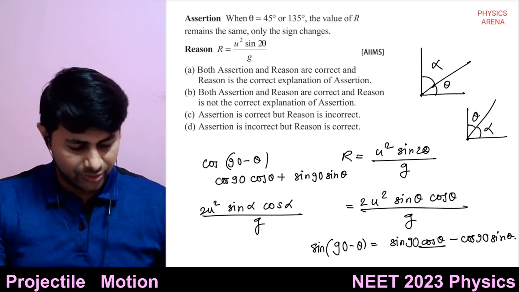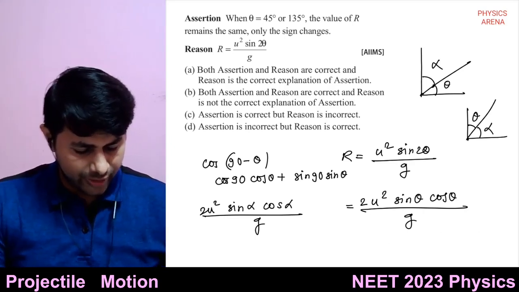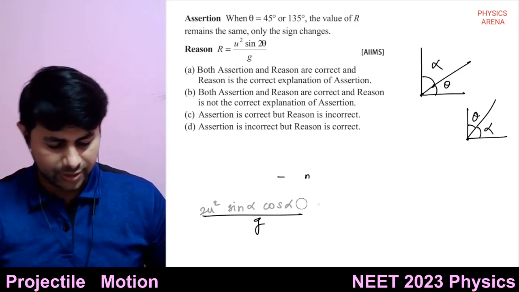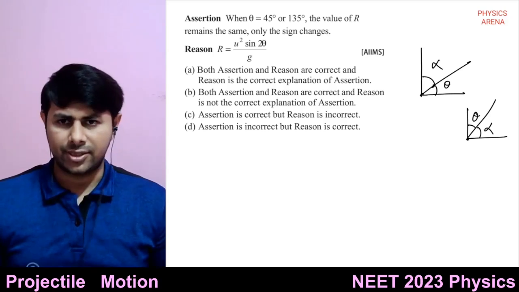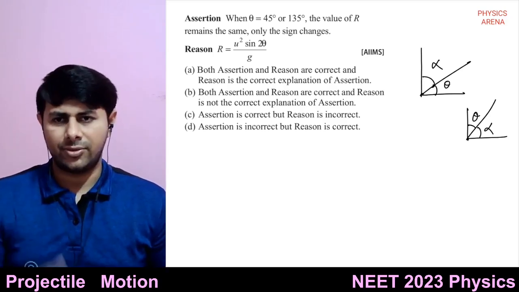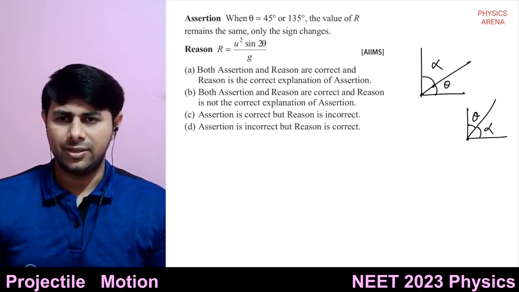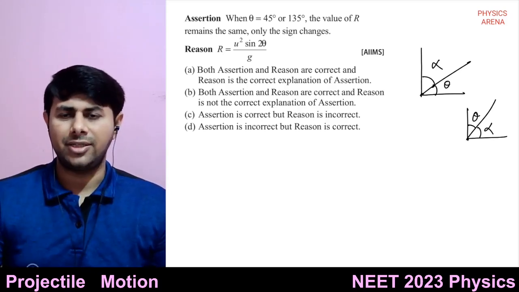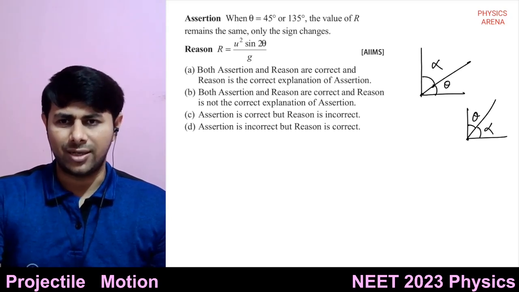Please add this point to your notes for quick answers. Sometimes there can be a question: a projectile is thrown at 30 degrees with such and such velocity, and another at 60 degrees with the same velocity. The first one goes till 100 meters. The next one will go till 100 meters too, we don't need to calculate.